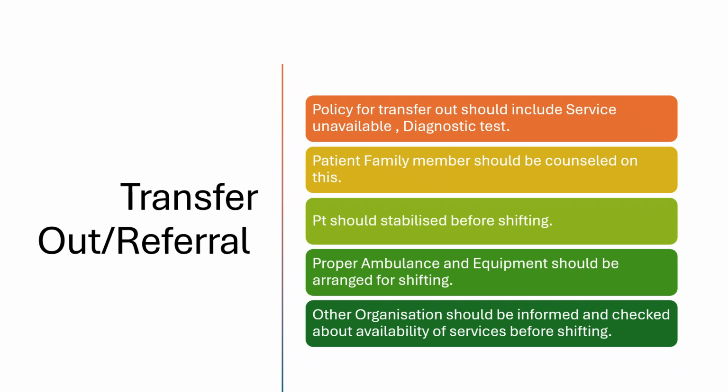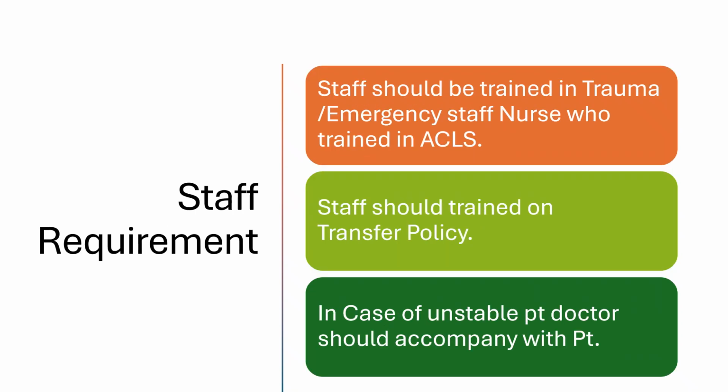Other organizations should be informed and checked about the availability of services and beds before shifting. So you have to follow the referral and transfer out criteria. During the transfer out, your ambulance should be properly equipped and proper staff should be there.